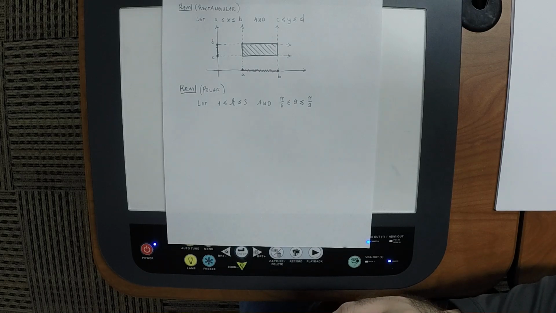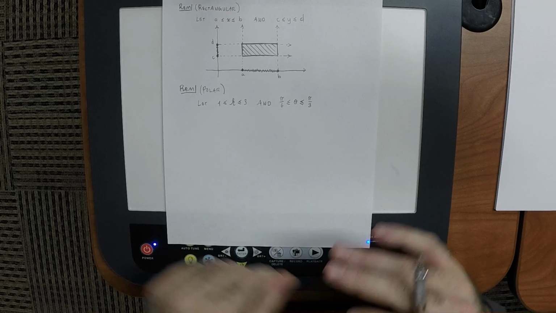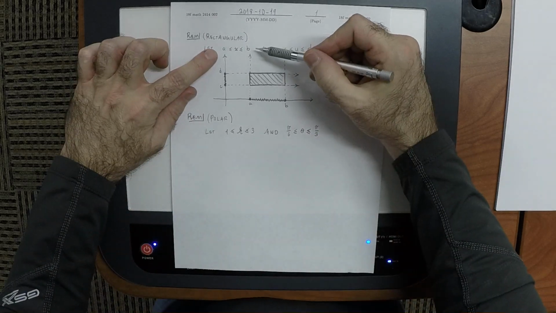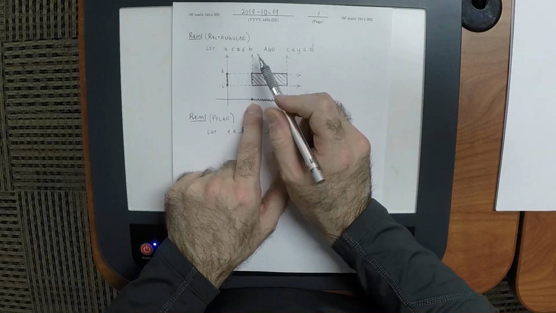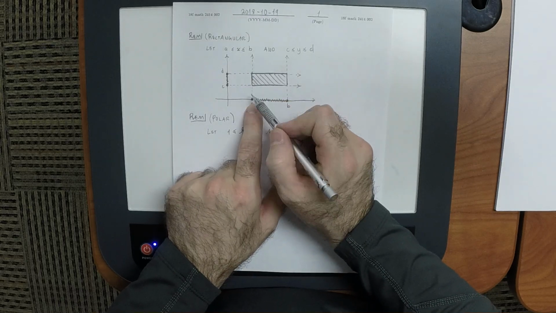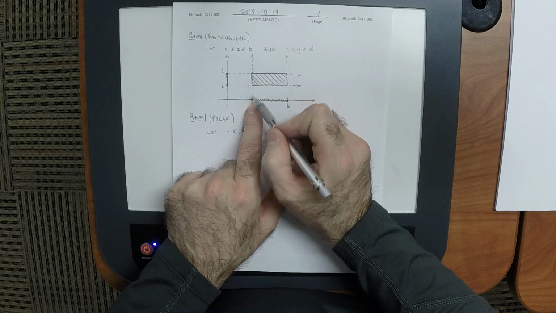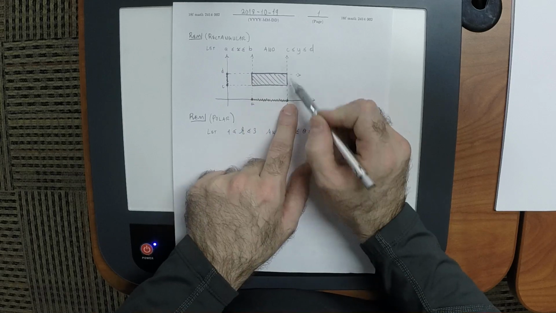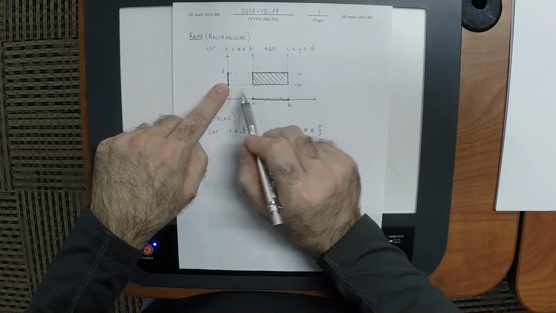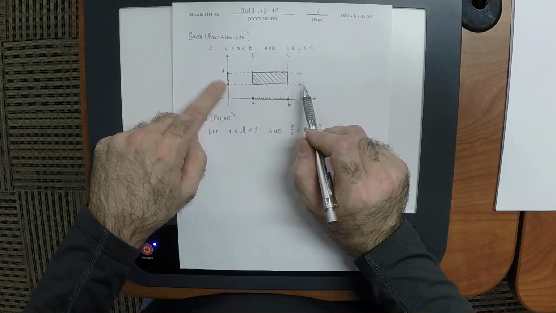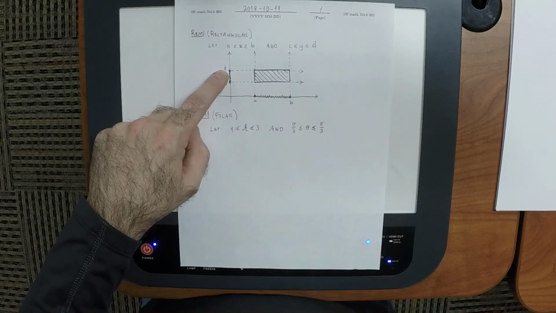Now we want to sketch it, but here's the deal: this vertical line is what a constant x value looks like. That's a constant x value, and here's a different constant x value, that vertical line. And then this horizontal line is a constant y value, and this horizontal line is another constant y value.